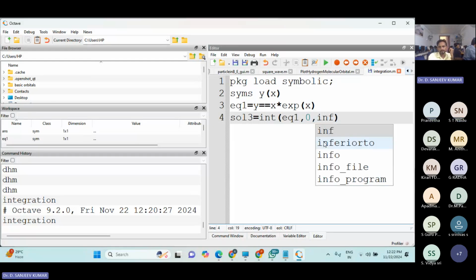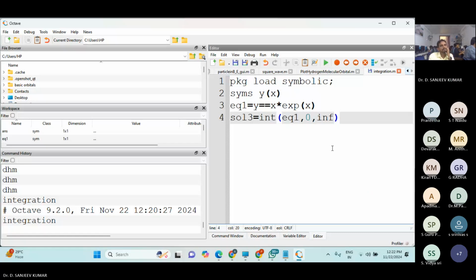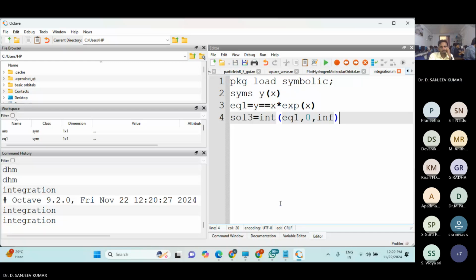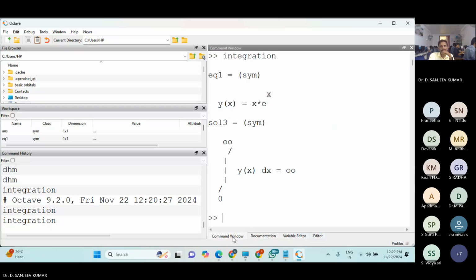Integral 0 to infinity, let's say. So the result is infinity. Integral 0 to infinity y of x dx, which is x e power x dx.